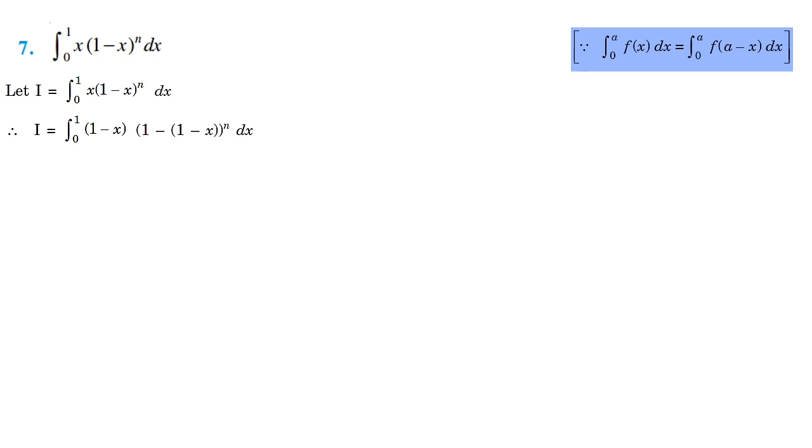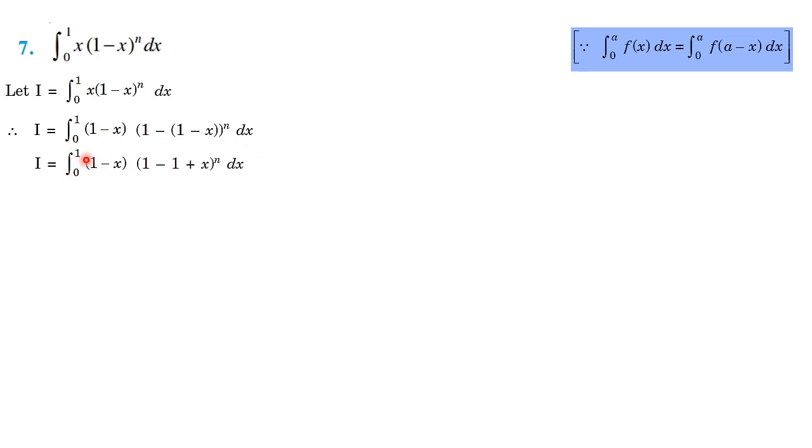Once again, by using this property, f of x is replaced as f of a minus x. Here a is 1, x is x itself, so 1 minus x will be coming. Instead of x, replace and put 1 minus x. Here also replace x and put 1 minus x. The rest of the things are the same.